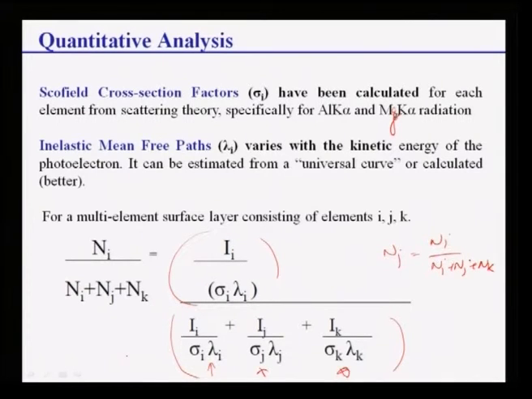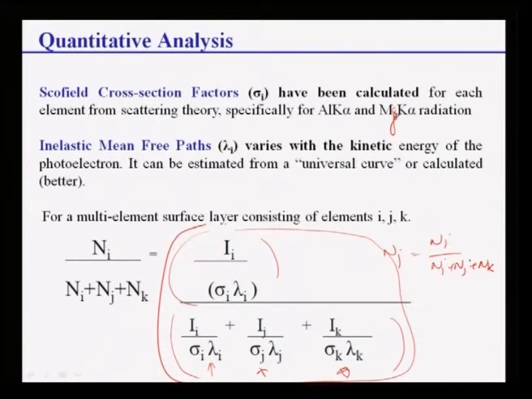Basically, when you have multiple elements on the surface layer of a material, and if these elements can be represented by i, j and k, then I can write down the ratio of Ni divided by Ni plus Nj plus Nk as the expression which I have written here.